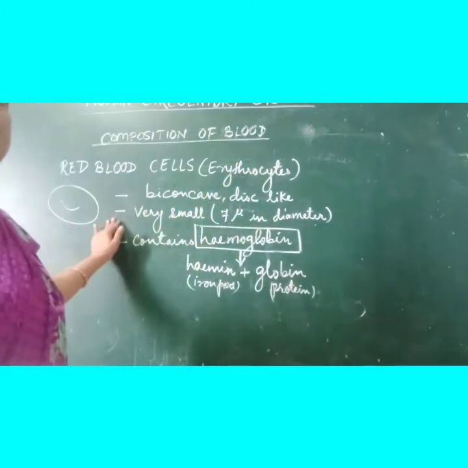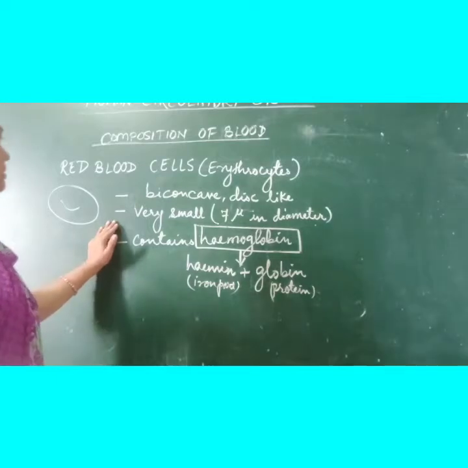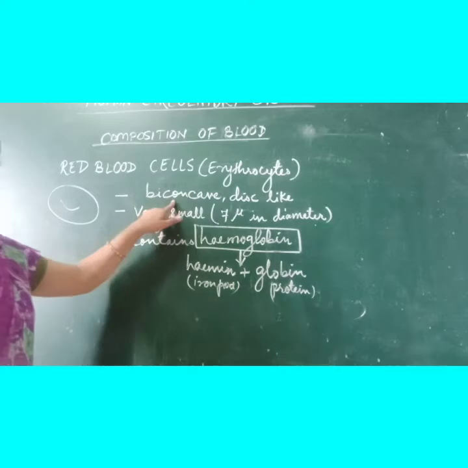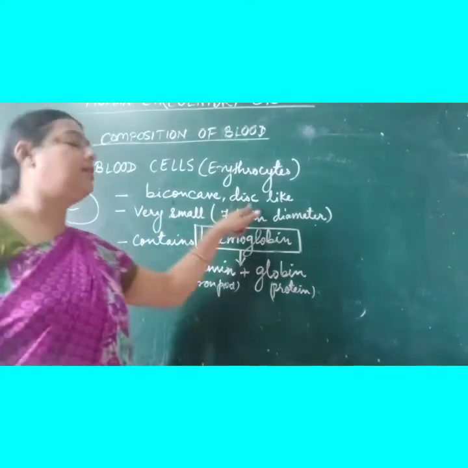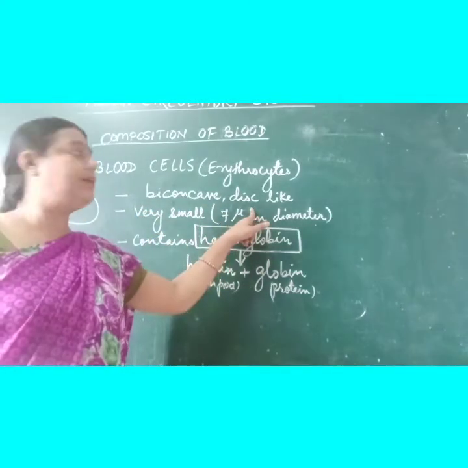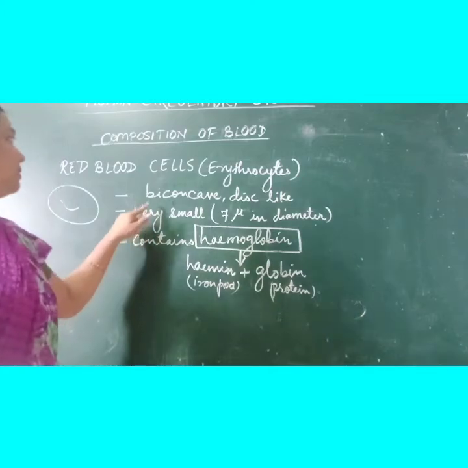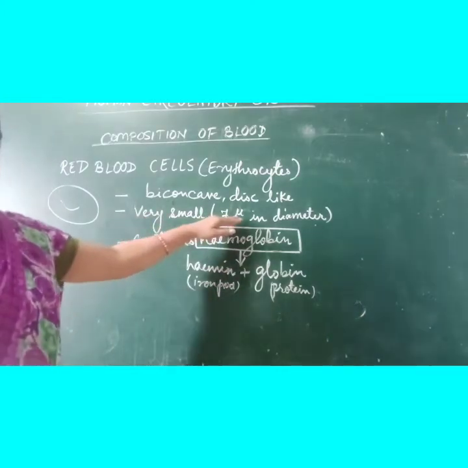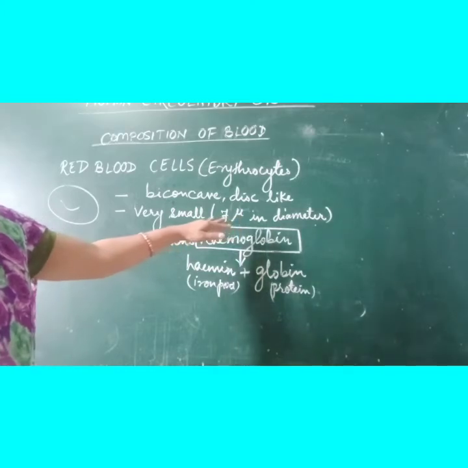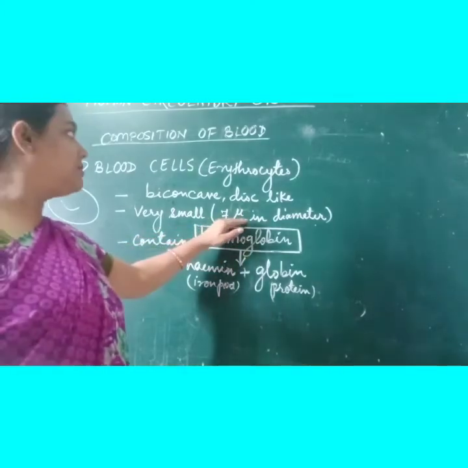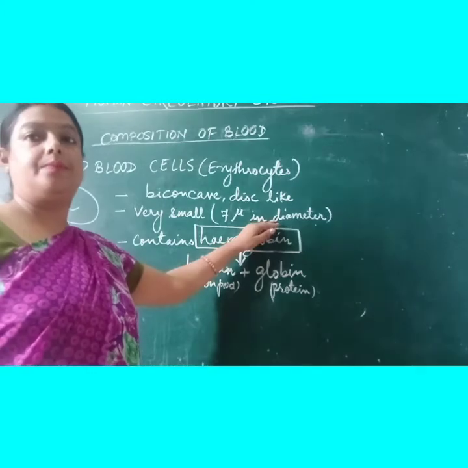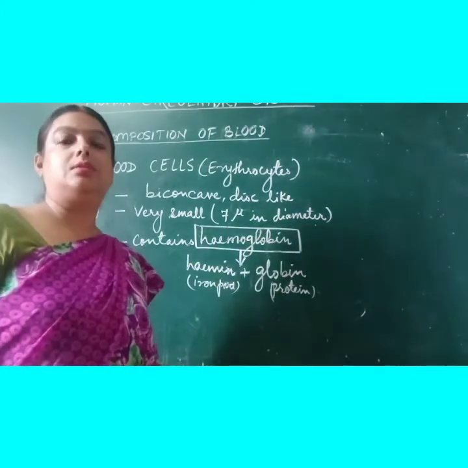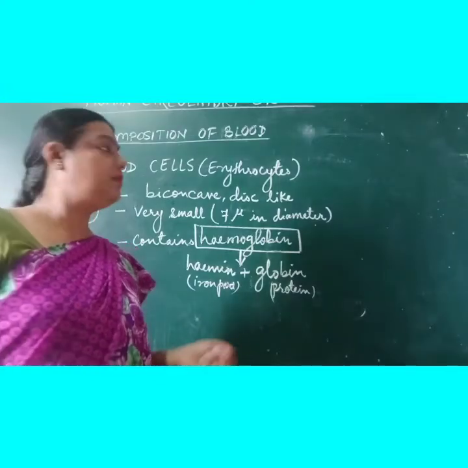Now children, let's see its shape and size. As you can see here, RBCs are biconcave in shape and appear disc-like. They are very small in size, 7 microns in diameter. 1 micron is equal to 1/1000th part of a millimeter.